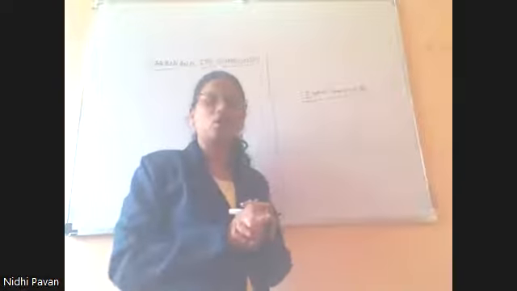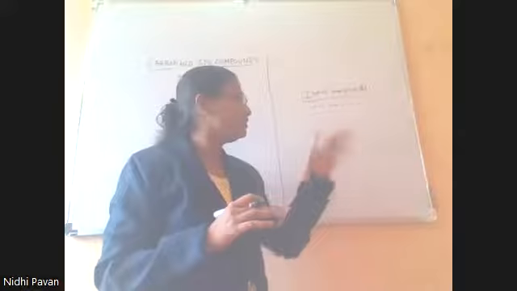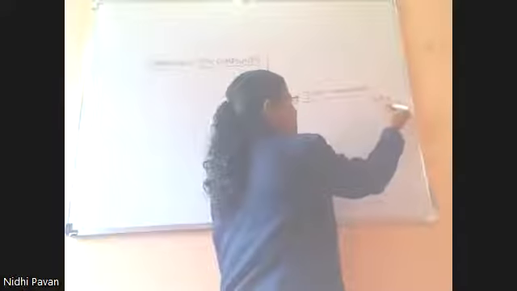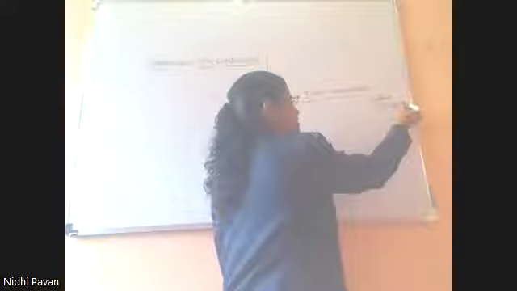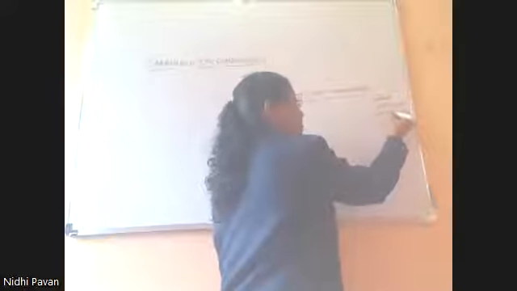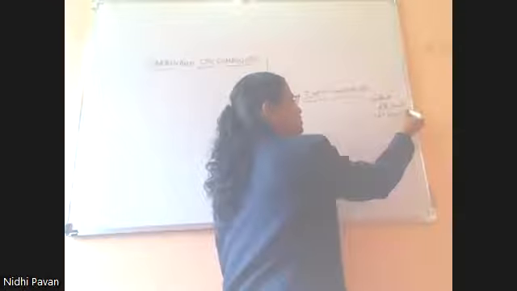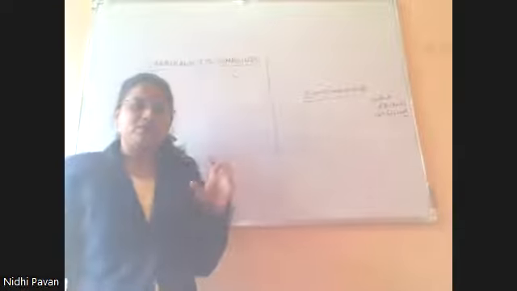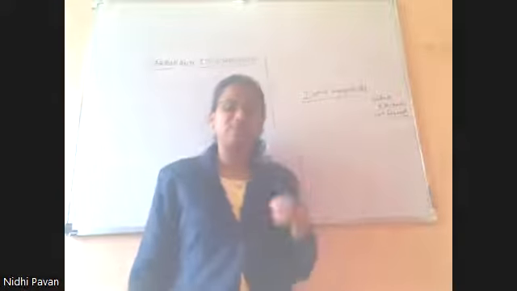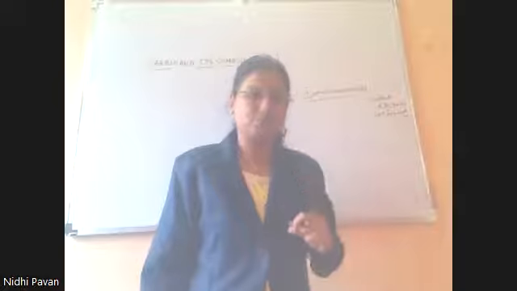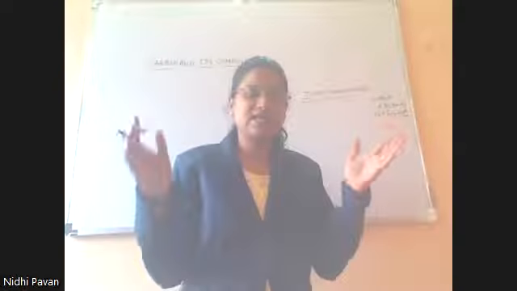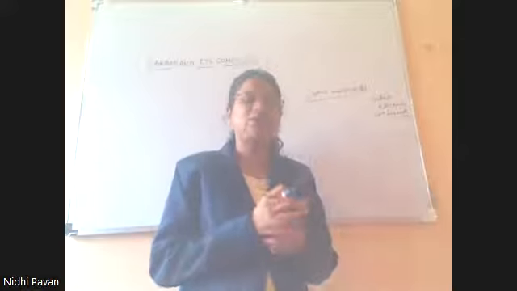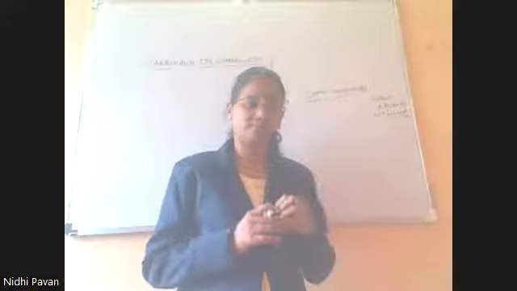They have to gain or lose electrons so that they will get the octet electronic configuration, meaning the nearest noble gas configuration, so that they will become stable, right? And that gaining and losing of electrons creates a bond between the atoms, which is called an ionic bond.